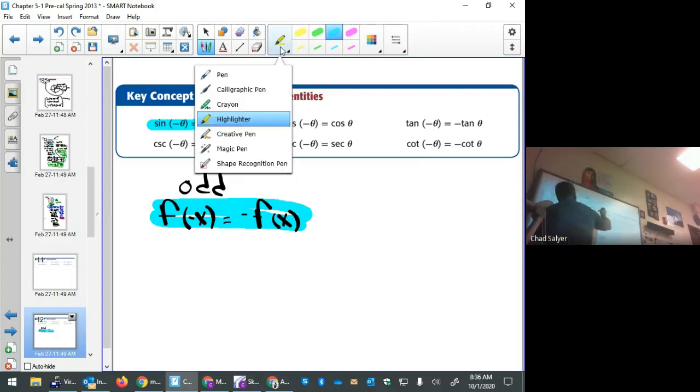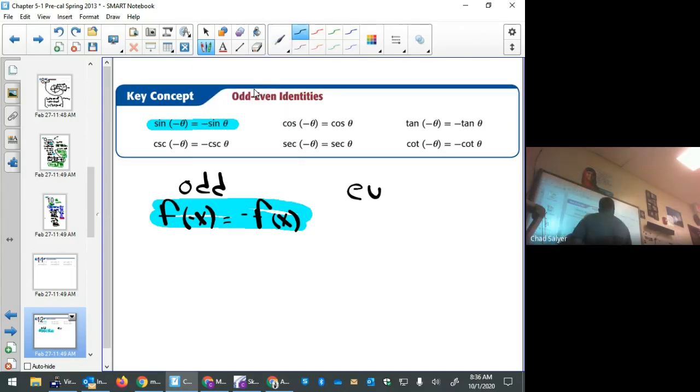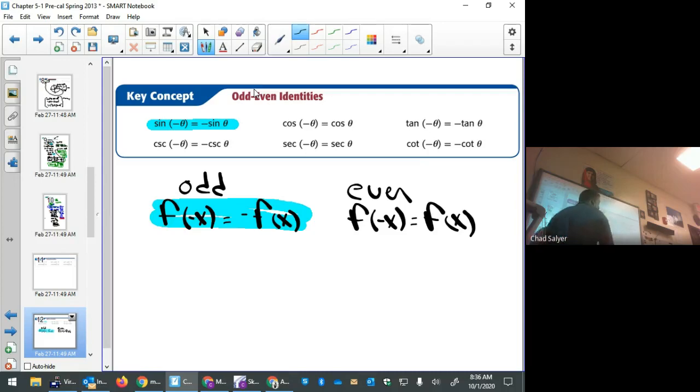And then the definition of an even function algebraically was f of negative x equals f of x. And so you see how that's where that comes from. So oddness is what creates these, and evenness. And here you see the tangent is odd. So symmetric to the origin.